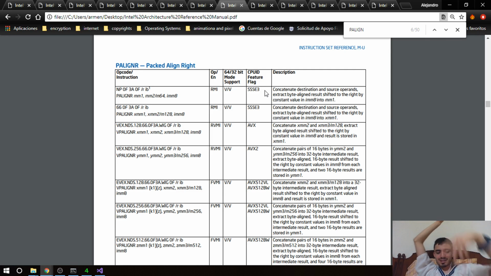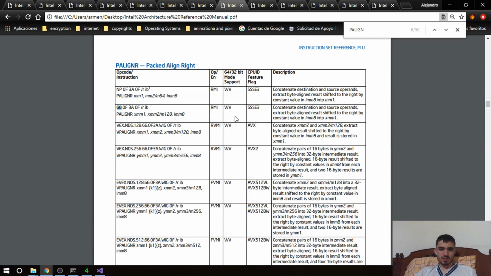The VMRESUME is just the same idea. We have to find the CPUID feature flag for SVM, and we'll have that. We can have system virtualization extensions. It's just the same idea. Probably it's not in there, but yeah, it was implicit. So it's the same idea here with PALIGNR.